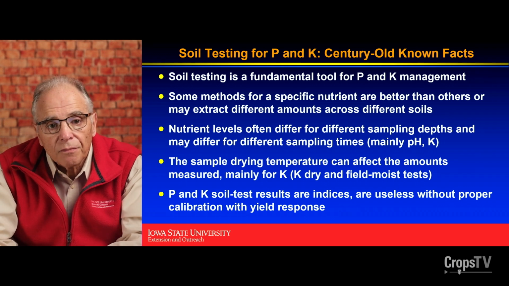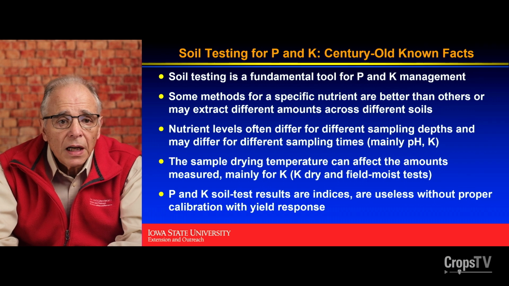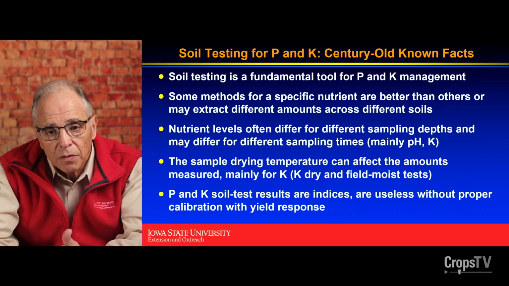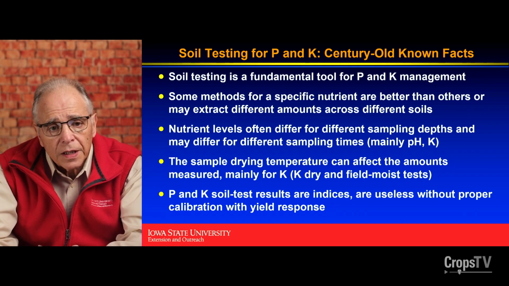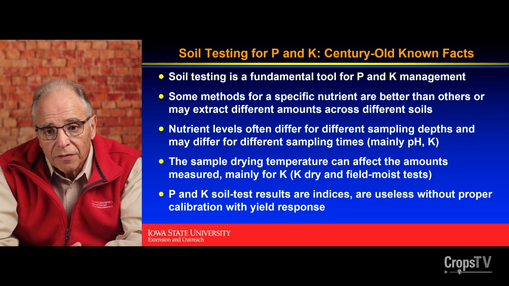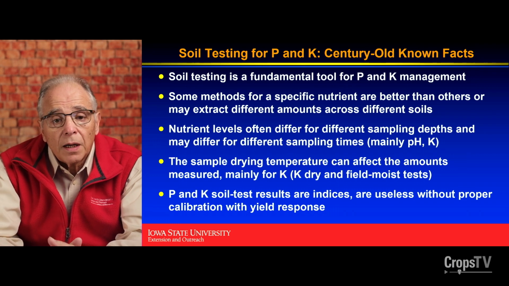Nutrient levels often differ for different sampling depths and may also differ for different sampling times. This happens mainly for pH and potassium. Also, the soil sample drying temperature can affect the amounts measured. This is especially the case for potassium.